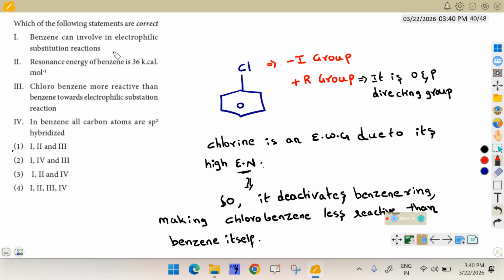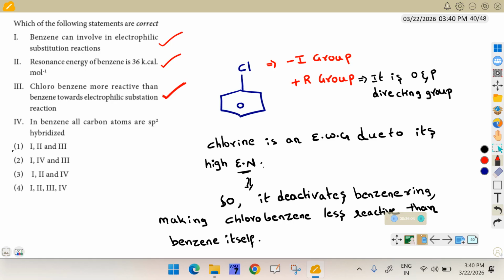Which of the following statements are correct? Benzene can involve in electrophilic substitutions. Correct. Resonance energy of benzene is 36 kilocalories. Correct. Chlorobenzene is more reactive than benzene towards electrophilic substitutions. Why?